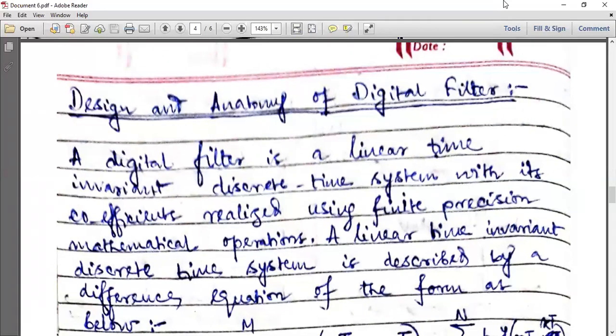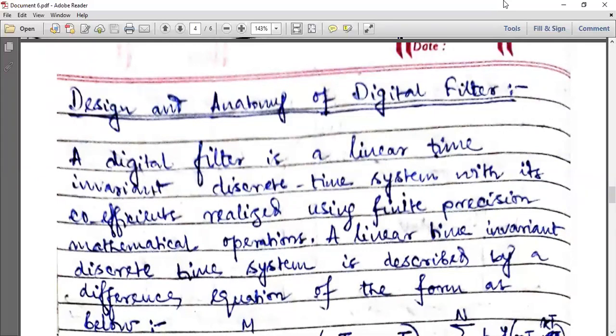A digital filter is a linear time invariant discrete time system with its coefficients realized using finite precision mathematical operations. A linear time invariant discrete time system is described by a difference equation. You remember, I told it last day.